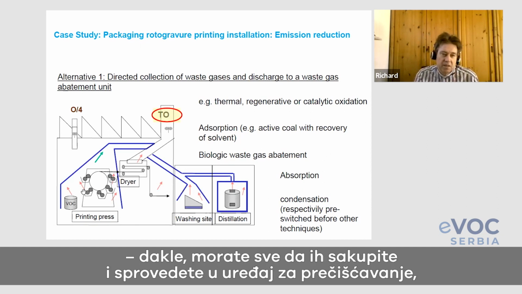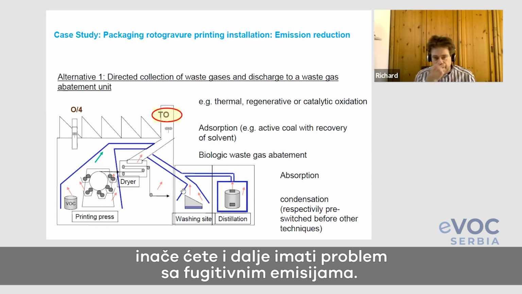In other words, you must try to collect all fugitive sources, and you must include them in the waste gas cleaning, here thermal oxidizing. Otherwise, you would have further problems with fugitive emissions.